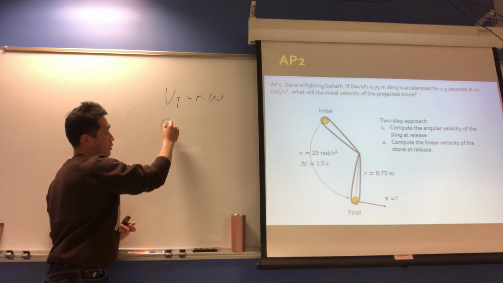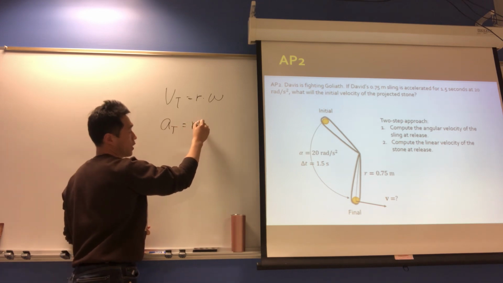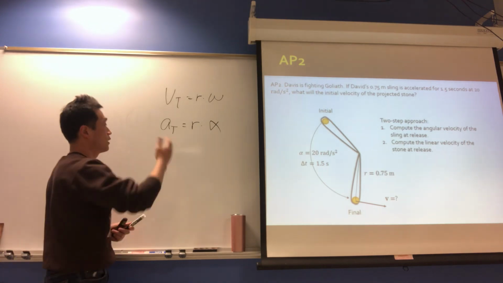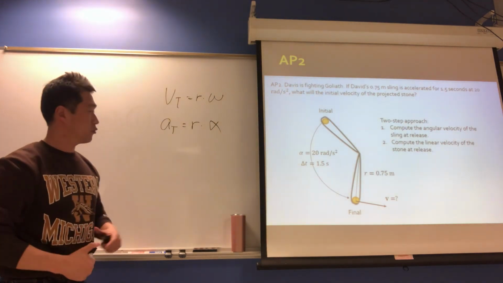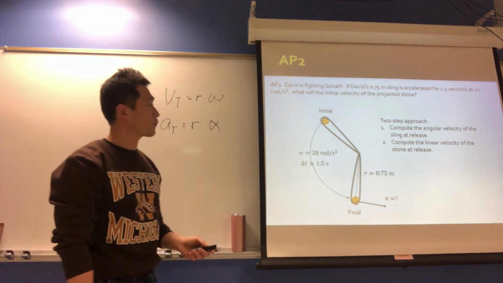And tangential acceleration, linear acceleration, equals radius times alpha, the angular acceleration. So you can relate linear to angular through the radius. We will be utilizing this relationship to calculate this question.